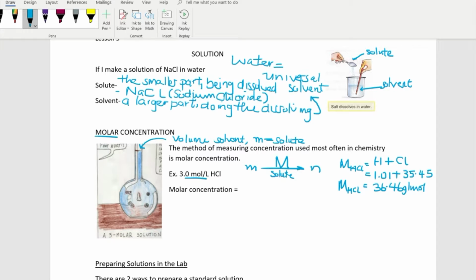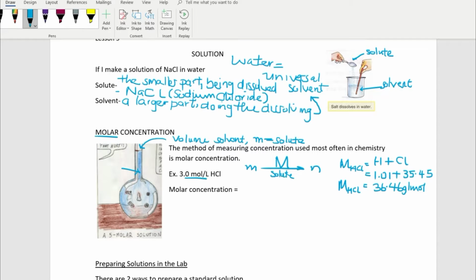Now, that being said, once you're able to figure this molecular weight out, then you can transform the mass of your particular solid state of hydrochloric acid into the moles, and from there we take into account the total volume of your particular solvent, which is right here, and that will make us know the molar concentration.